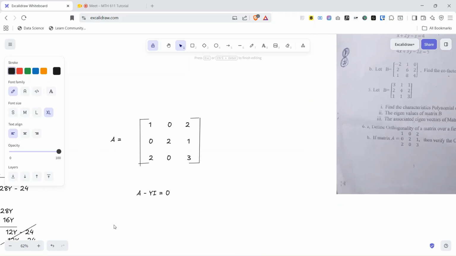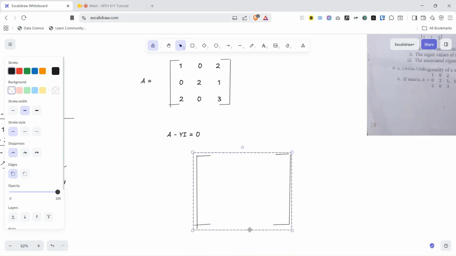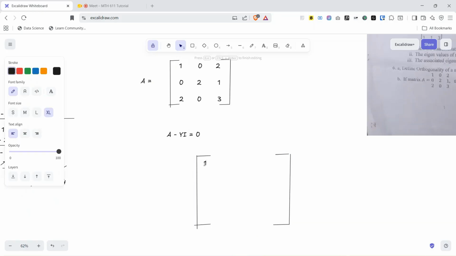So this would mean that our equation would be, I'm just going to plug it straight in. So this would be 1 minus lambda, 0, 2, 0, 2 minus lambda, 1, 2, 0, 3 minus lambda. So this is what we want to solve.